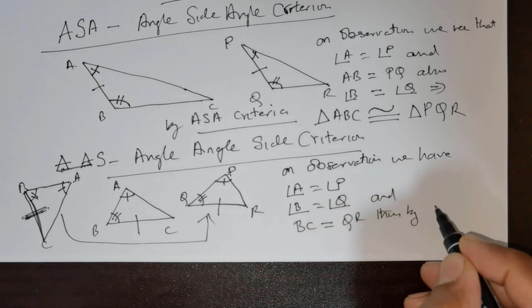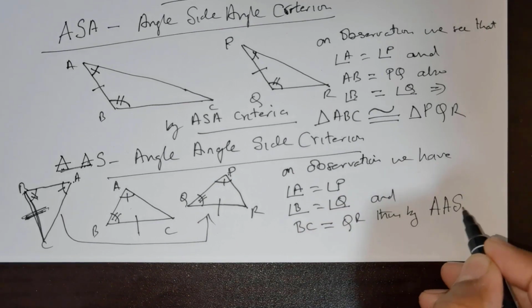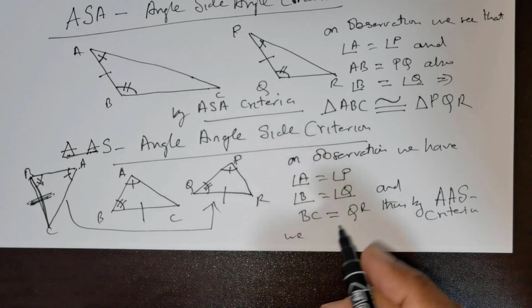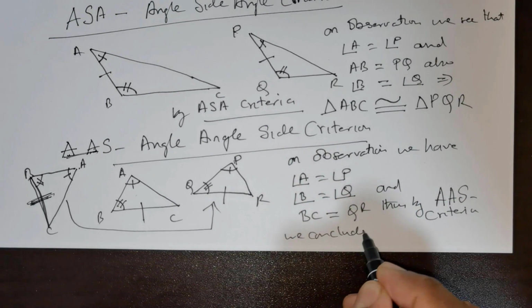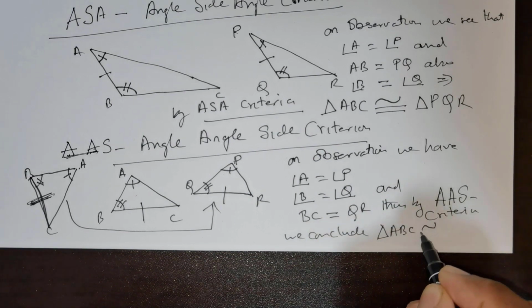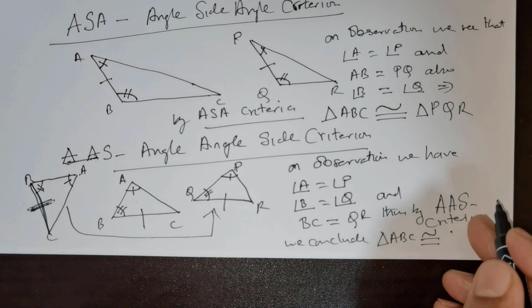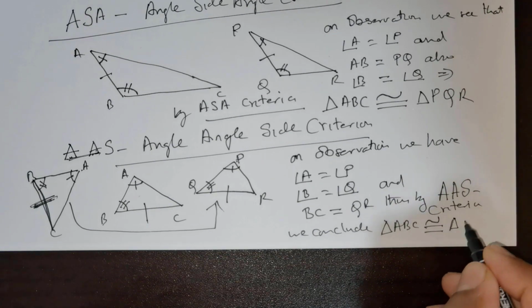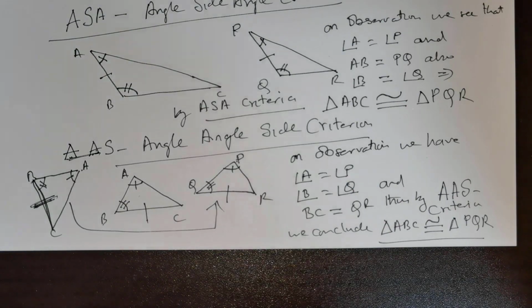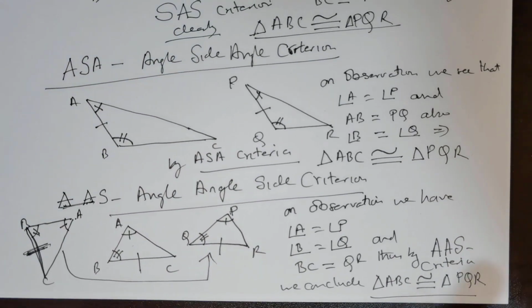Thus, by angle angle side criterion, we conclude, so what do we conclude? We conclude triangle ABC is congruent to triangle PQR. So this is the conclusion. So we will move on to the next criteria.